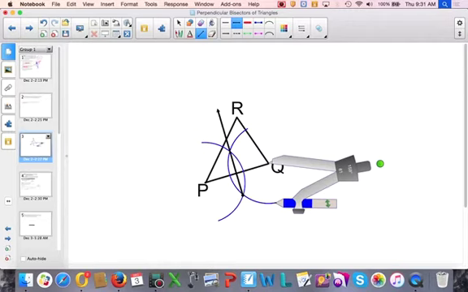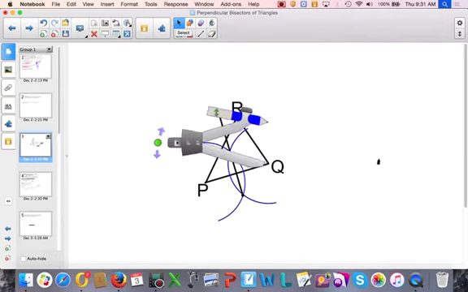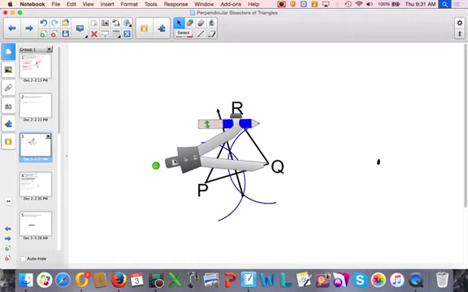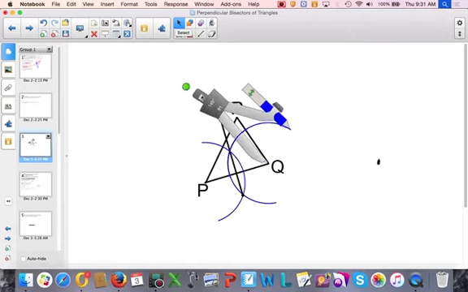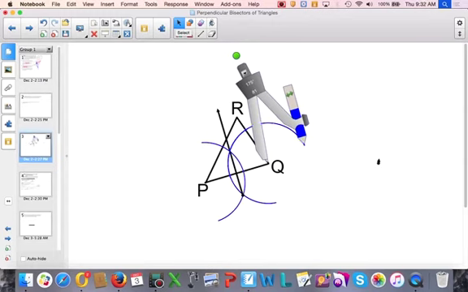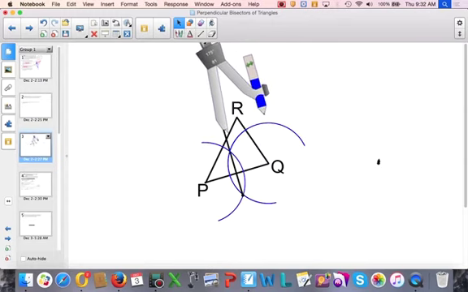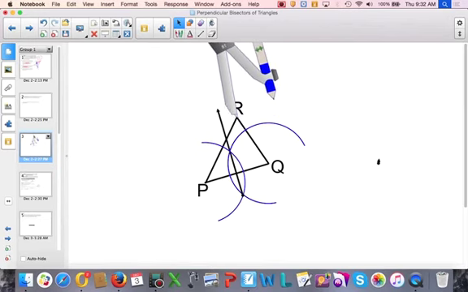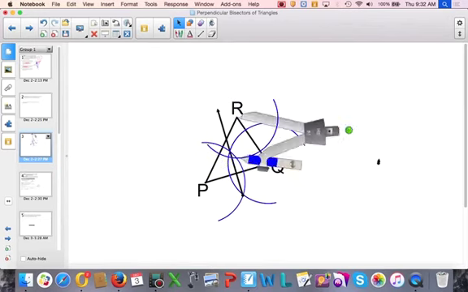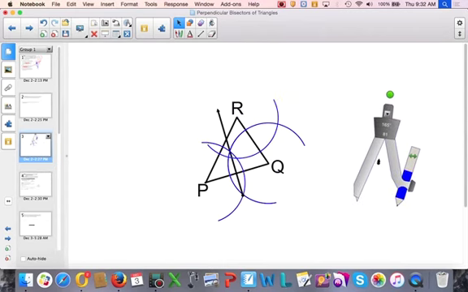And then I do the same thing for QR. I'm making this arc from Q, and I do the same compass setting from R. I draw the line connecting the intersections of those arcs.